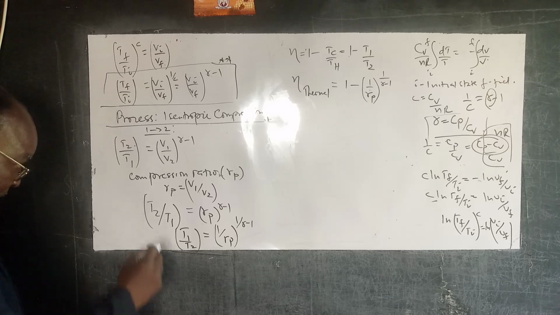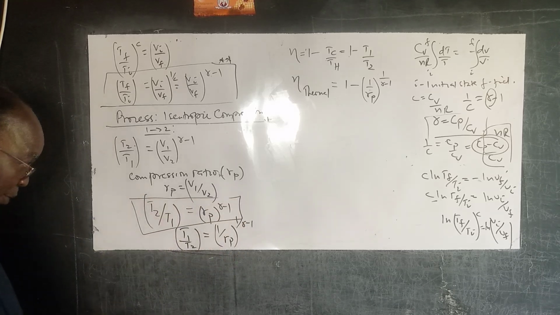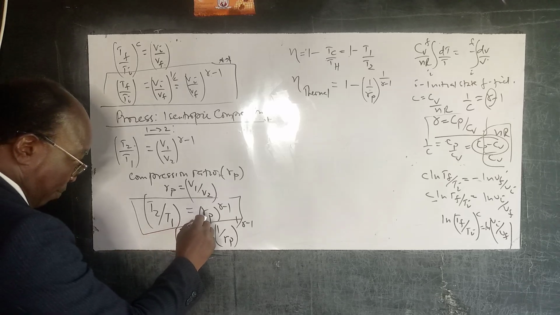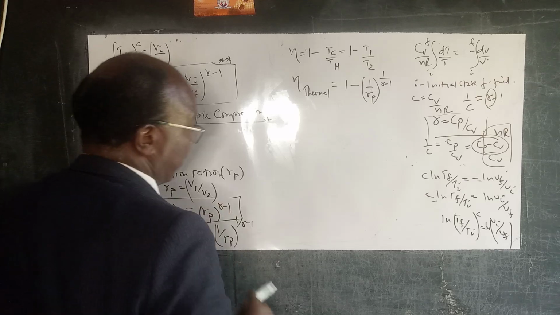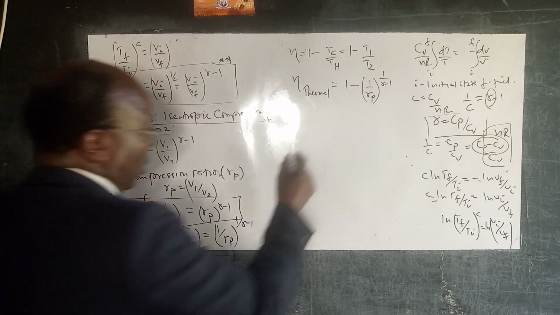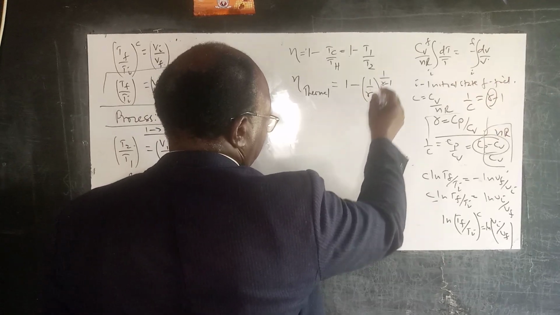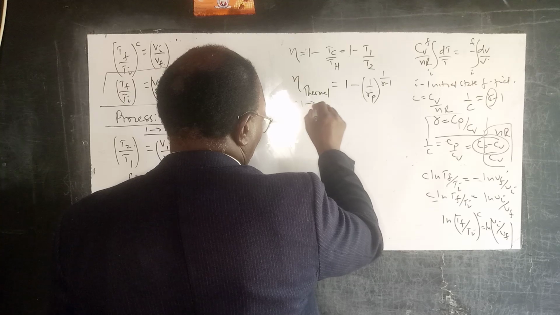So we have related the temperatures at state point 1 and state point 2 to the compression ratio, and the efficiency of that particular process is 1 minus 1 over RP to the gamma minus 1. So that is step 1 to 2.